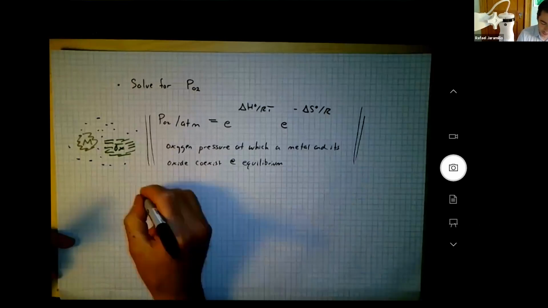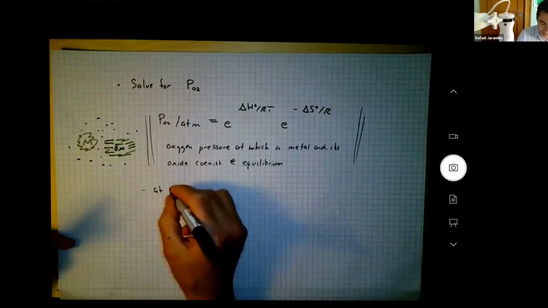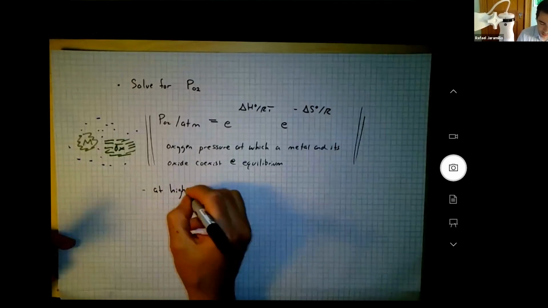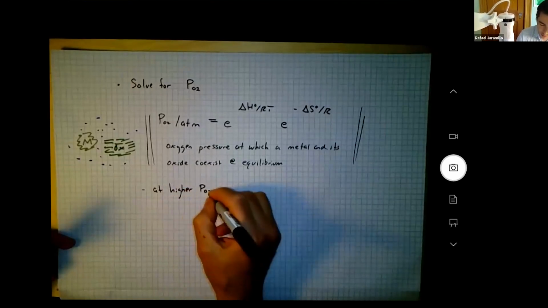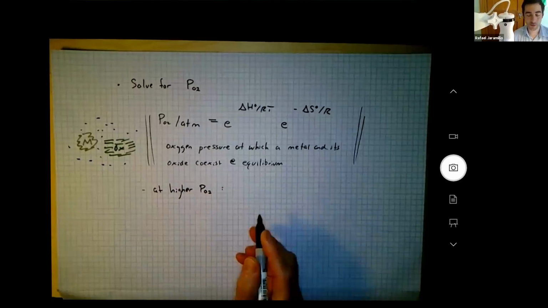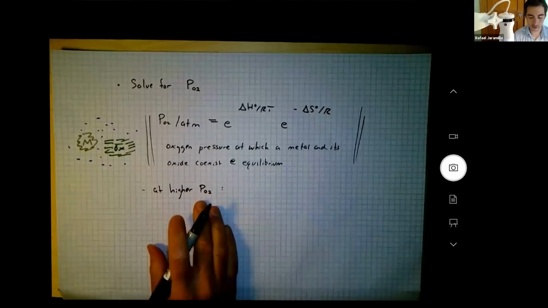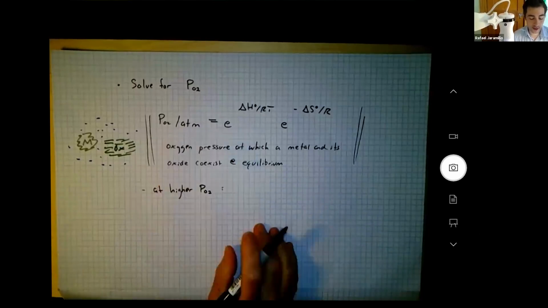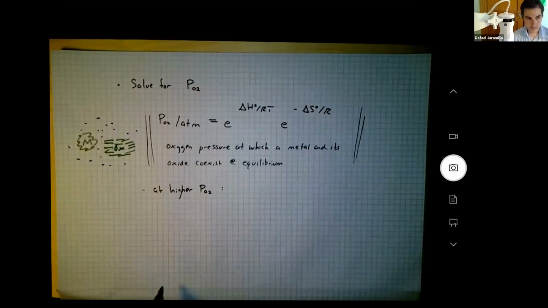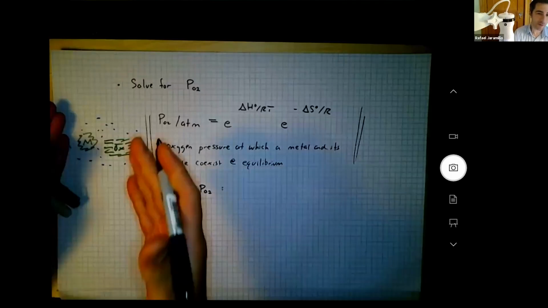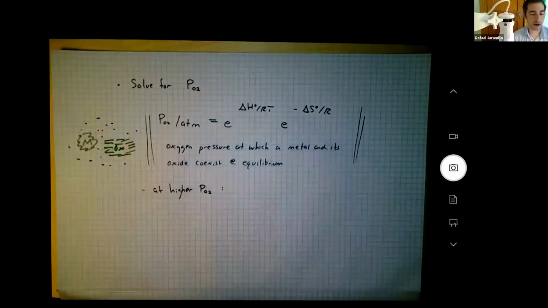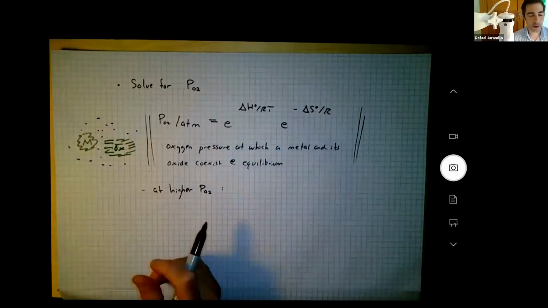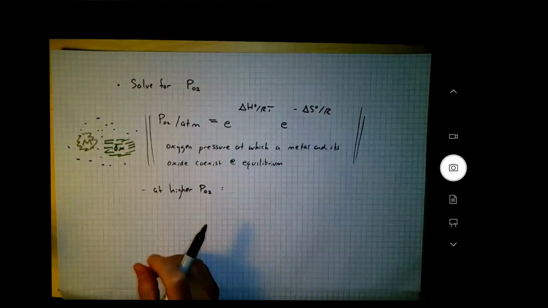What happens if the oxygen partial pressure is higher than the equilibrium value? What do you think happens spontaneously in this system? Think Le Chatelier's principle. I have this system at equilibrium, and then I shove more oxygen gas in. I increase the oxygen partial pressure. How will the system respond? Spontaneously oxidize.